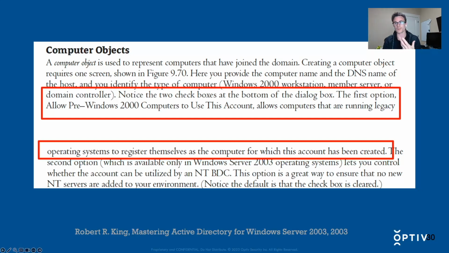And for those of you that don't know, Server 2003 came after Windows NT. It was kind of the transition from Windows NT into Active Directory. So the highlighted portion talks about what's going on: if you create the machine and select that pre-Windows 2000 radio button, it allows a computer that's running a legacy operating system to join the domain.